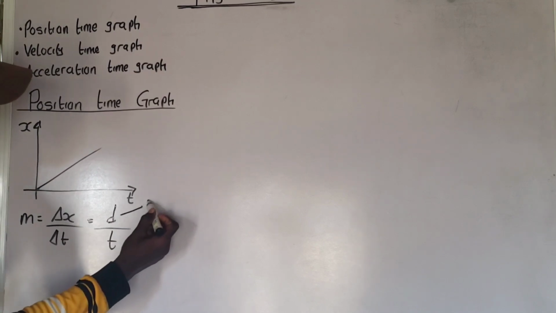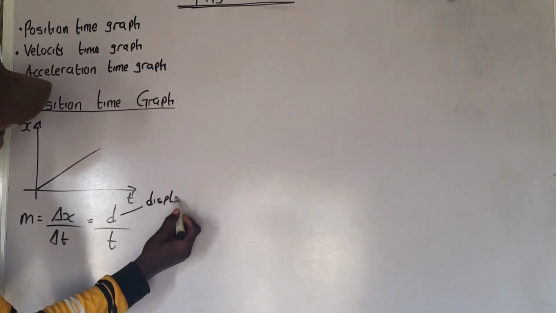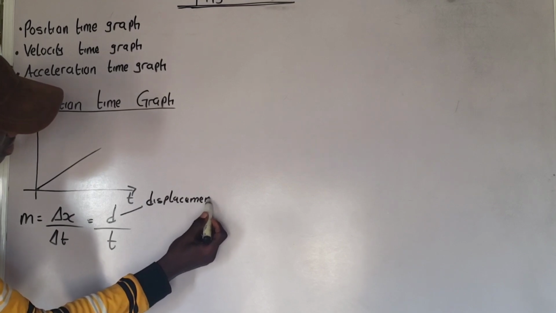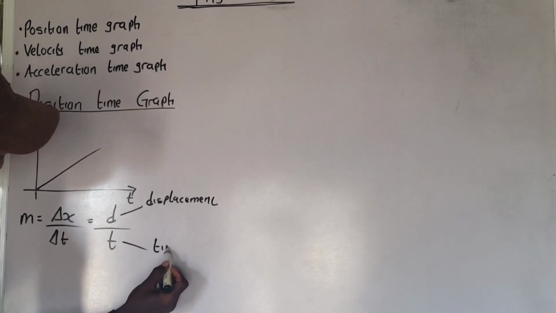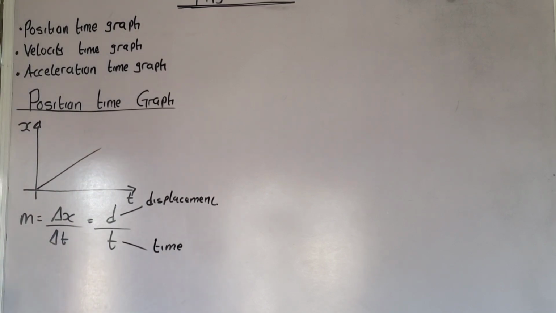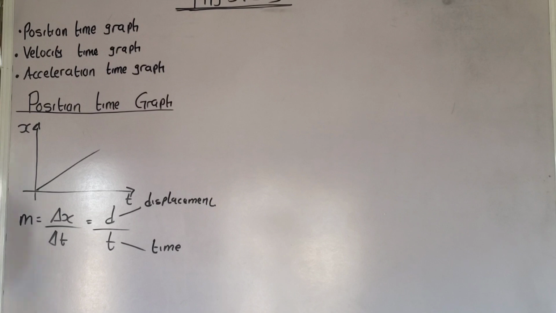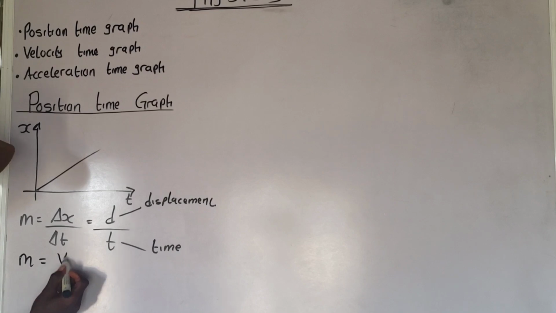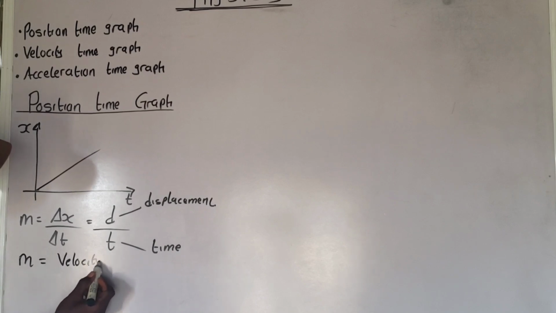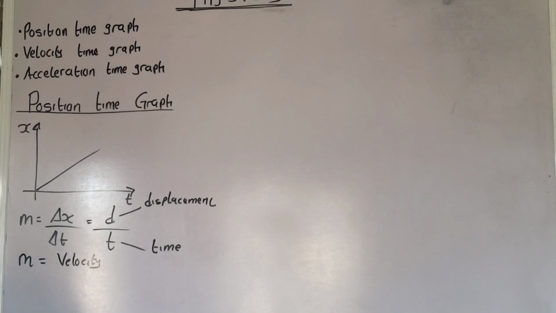Now, if this is displacement and this is time, which concept in physics is used to describe displacement all over time? Displacement over time is used to describe velocity, you understand? So the slope of a position time graph will give us the velocity, okay? Please pay attention. The slope of a position time graph will give us the velocity. Now, let's talk about the area.